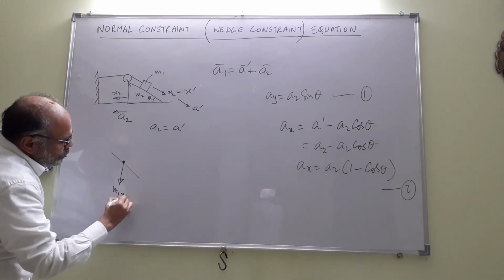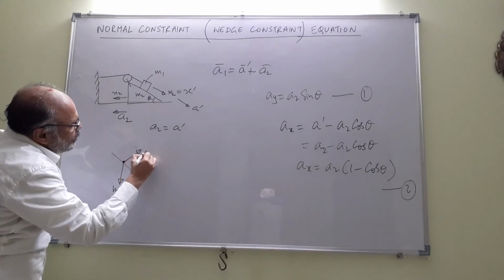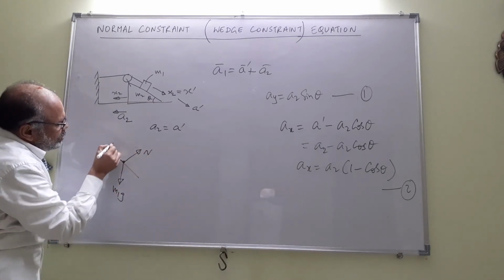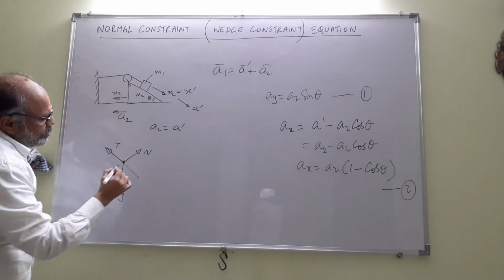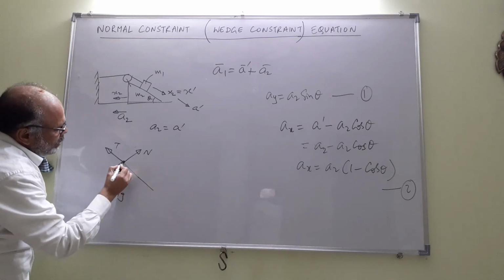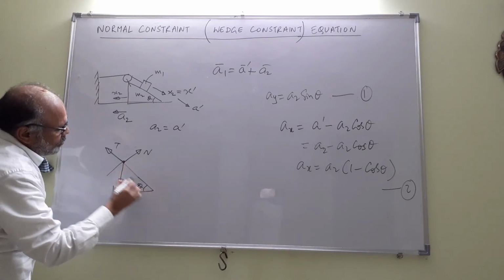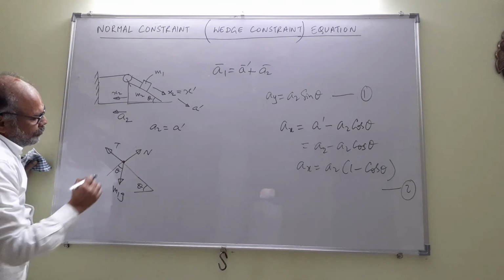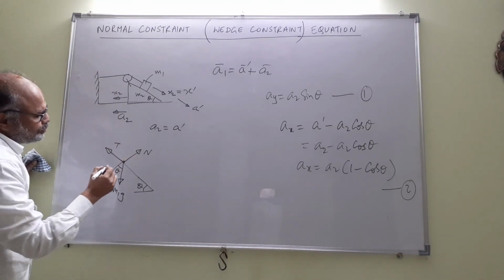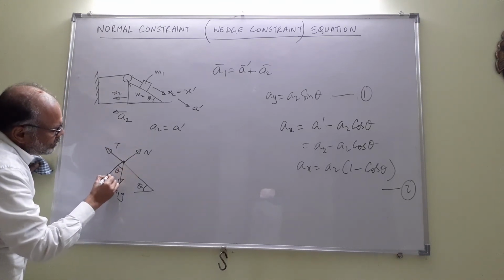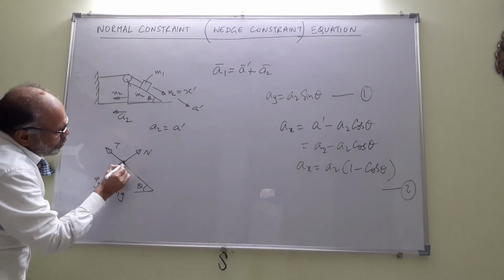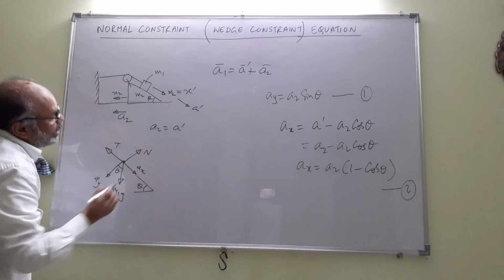m1g, this is N, this is T. So this angle is theta, this is theta, and we have this as ay and this as ax.